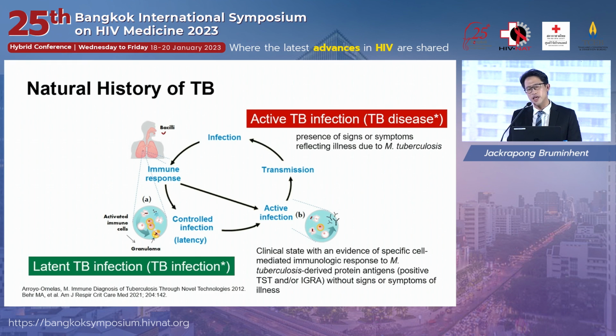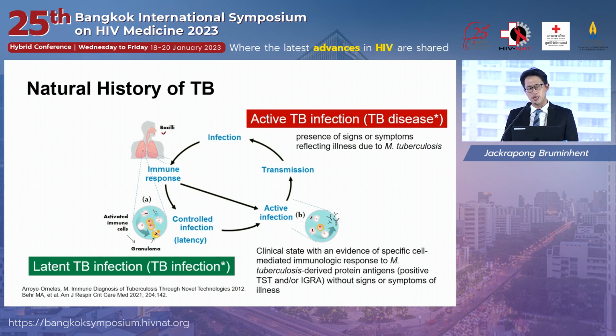So basically the new proposed term is TB disease. Let's go with TB infection first. From now on, when you look at the literature, you're probably going to see TB infection more often than latent TB infection.